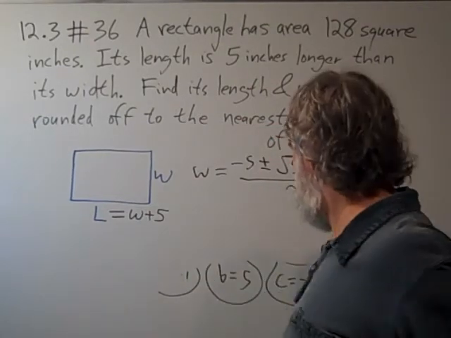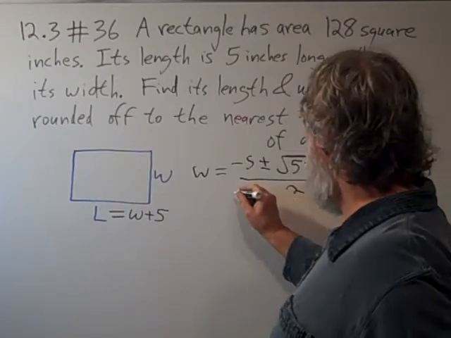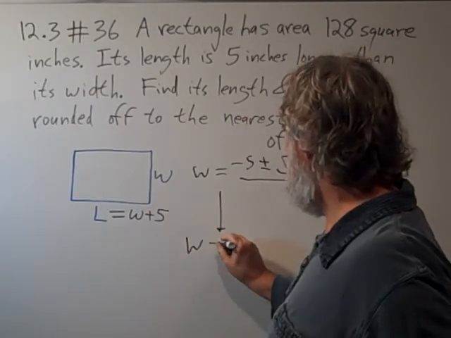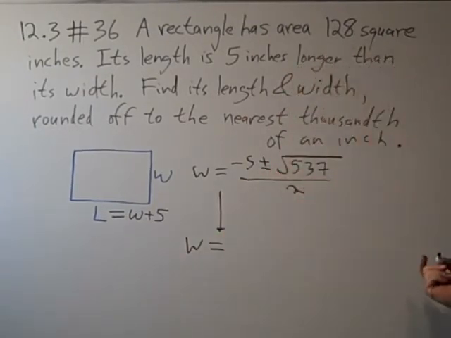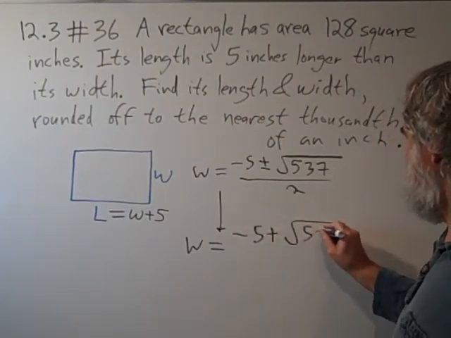So, picking the plus, we get one solution. Well, the only solution really. If we pick the plus, then we have a positive answer. A negative answer makes no sense here.